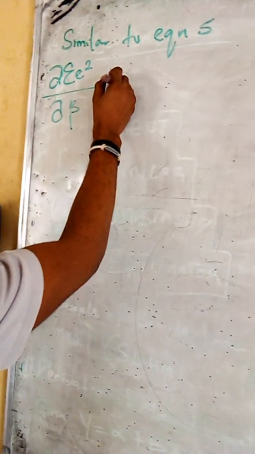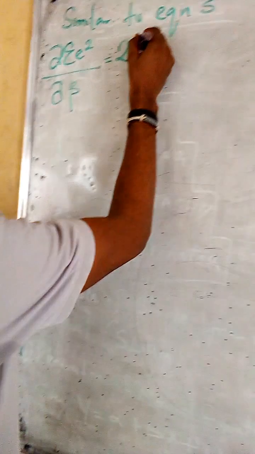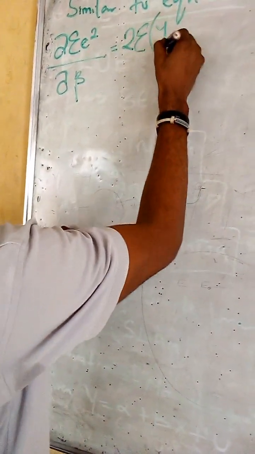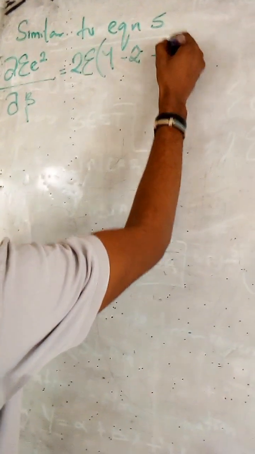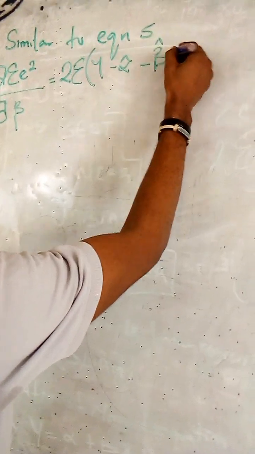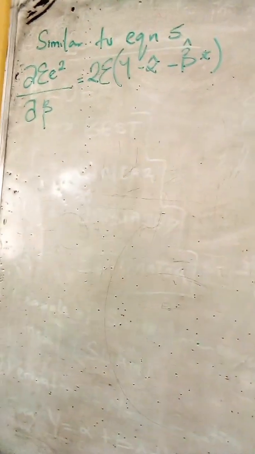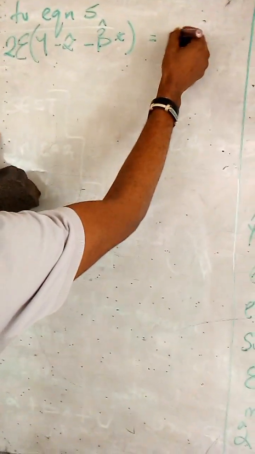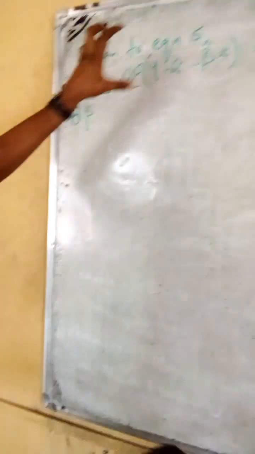Beta, equals 2 summation bracket y minus alpha cap minus beta cap x. Now this equals what? Equals 0. I'm trying to do exactly what I did at equation 5.